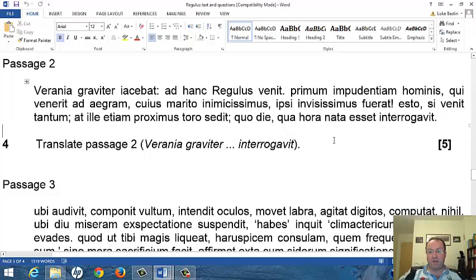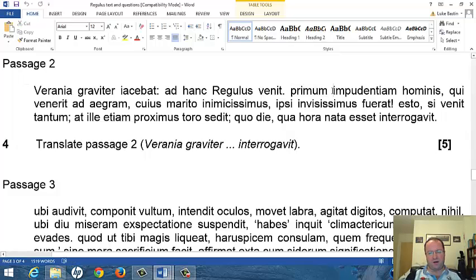Primum imprudentiam hominis qui venerit ad aegram cuius marito inimicissimus ipsi invisissimus fuerat. Okay, this is less obvious. This is actually quite hard to translate. What we've got here is an adverbial use of primum, meaning first. So firstly, or first and foremost.